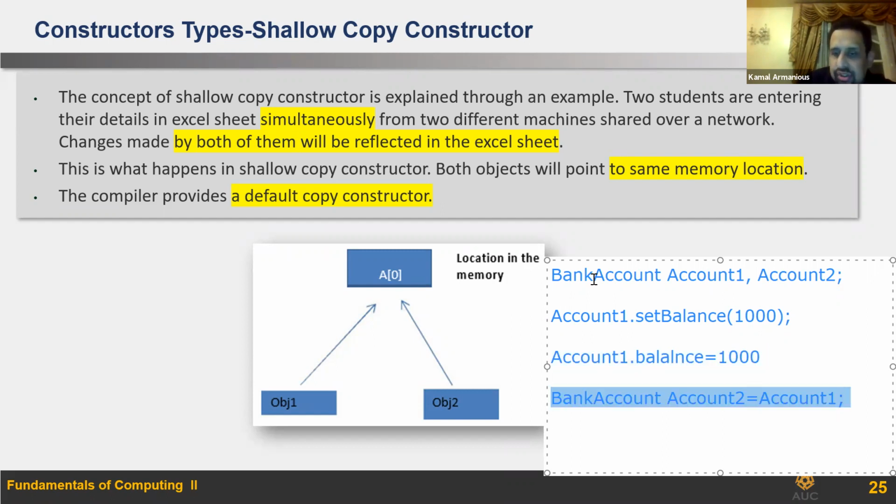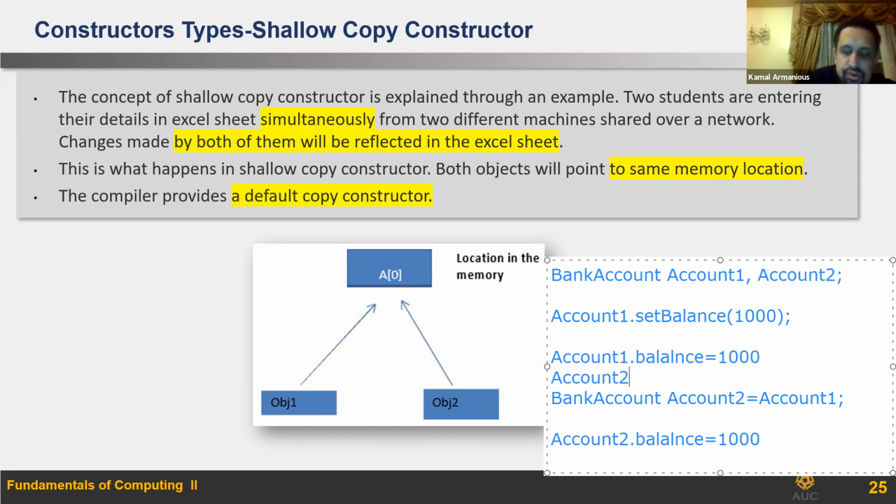After the execution of this statement, account2 dot balance will be equal to 1000. Before the execution, account2 dot balance is undefined.